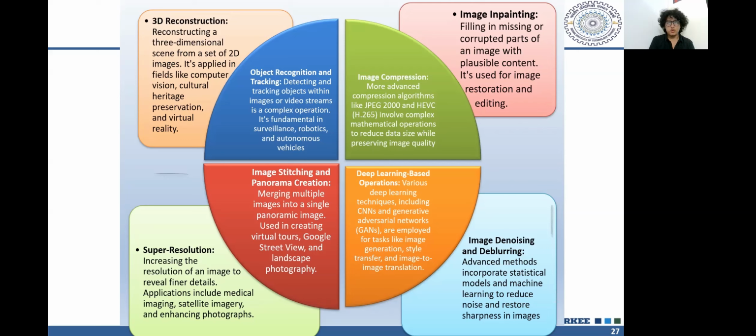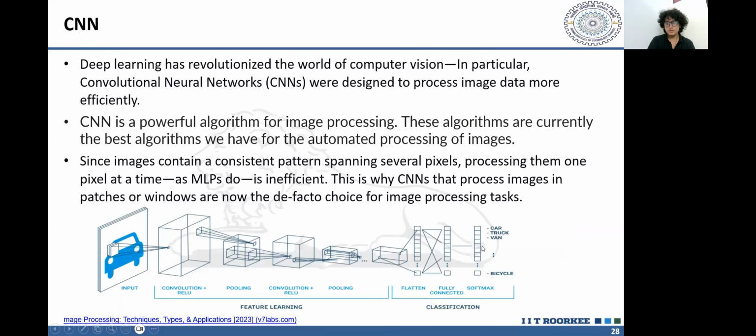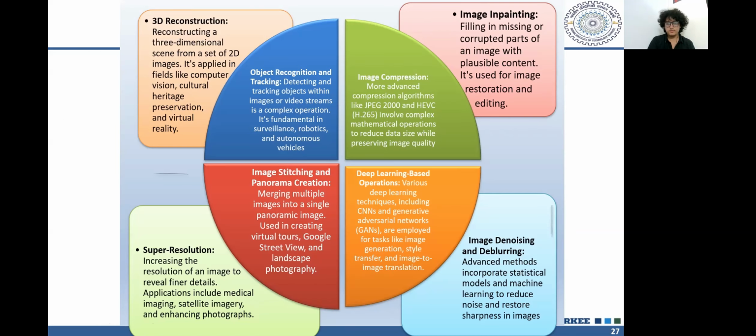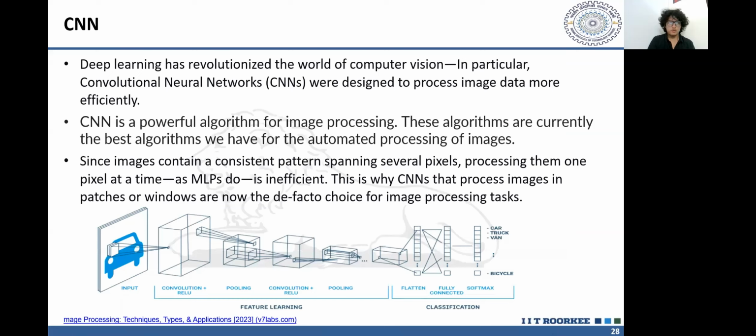We also need image processing in object recognition and tracking, which have various applications in robotics and elsewhere. One such example is the use of CNN. CNN is a deep learning based computer vision technique; CNN stands for convolutional neural network, where the basic operation of convolution is used in the pre-processing or in intermediate parts.